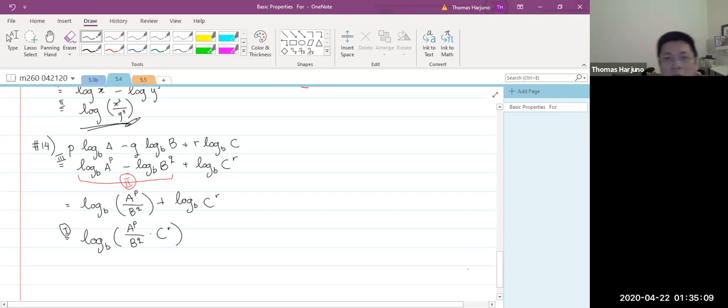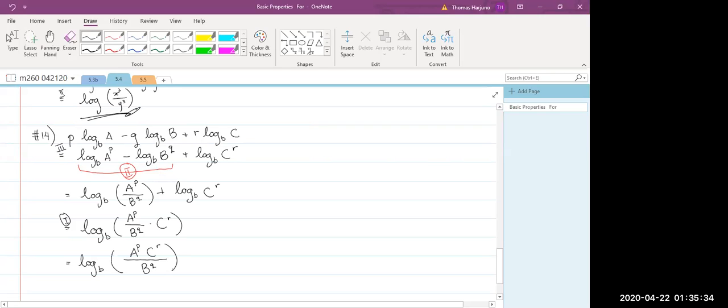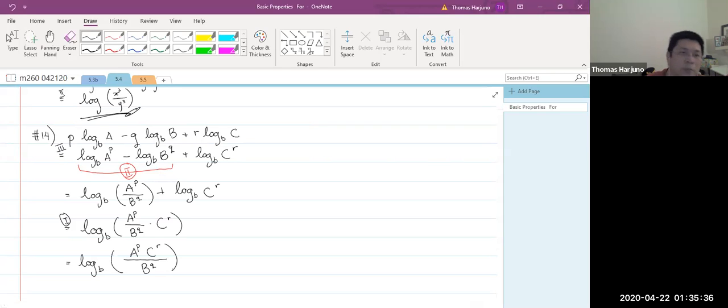I'm actually done here, but let me write it nicer. This is equal to log base b of a to the p, c to the r over b to the q. You can't simplify the exponents? Simplify like what?